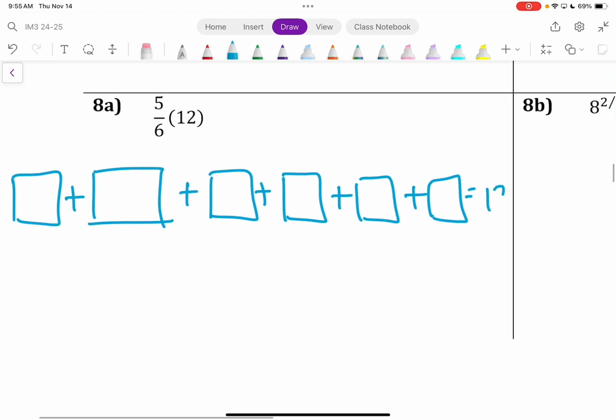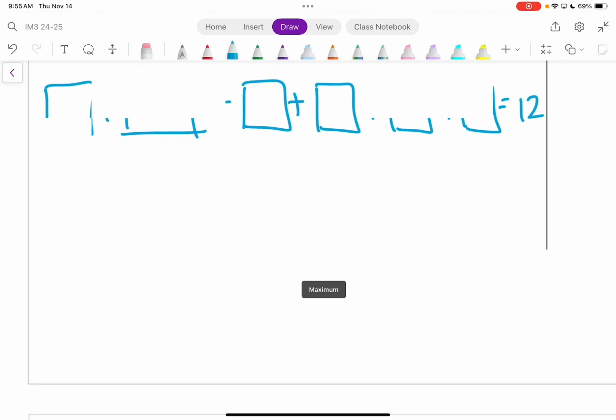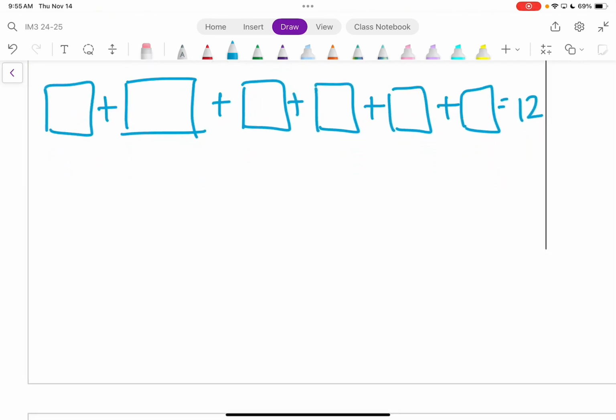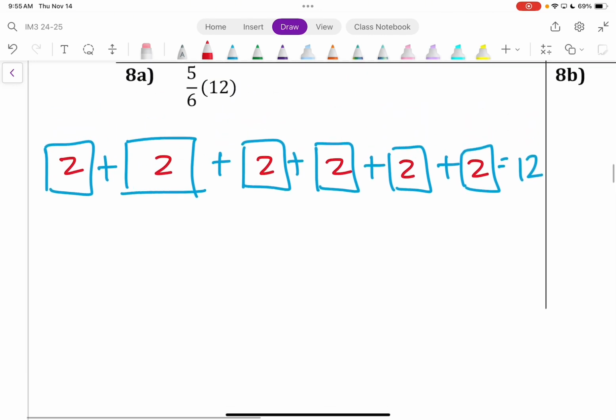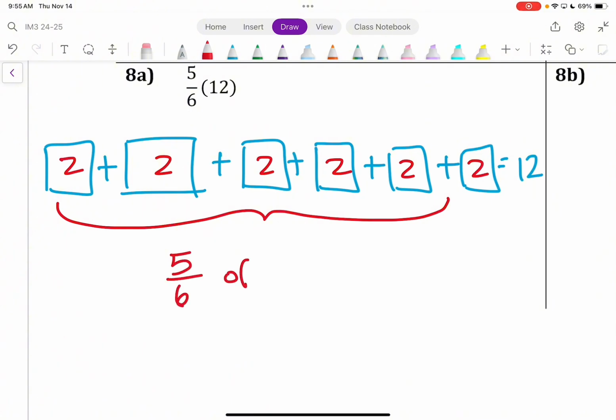This is equal to 12. How much should each group have? Yes, 2. So that's 2, 2, 2, 2, 2, and 2. So I get 12 altogether. How many of these groups do I want? I want 5. So I want all of these. So 5/6 of 12 is equal to 10. Right? If I add 2 5 times, I get 10.